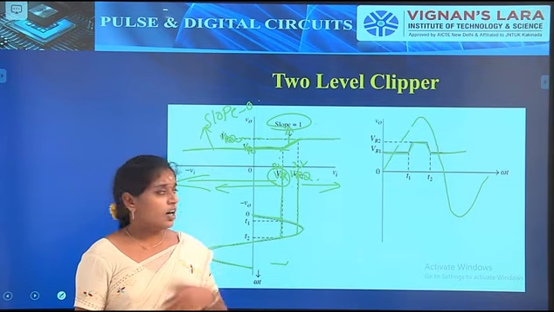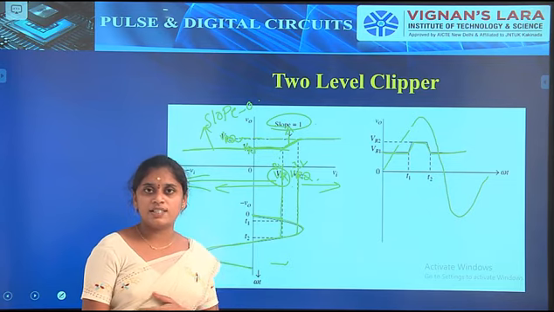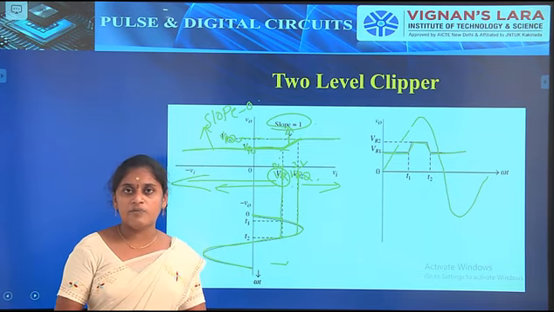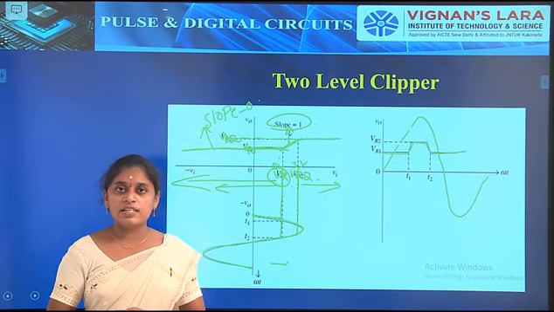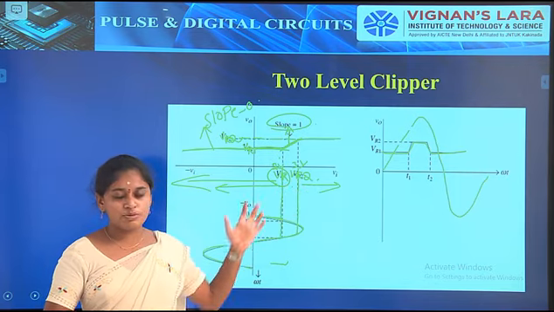This is the two level clipper at two different voltage levels. We have to take VR2 greater than VR1. So here we apply two different voltage levels, one greater than the other.